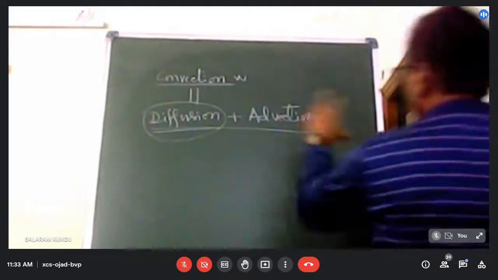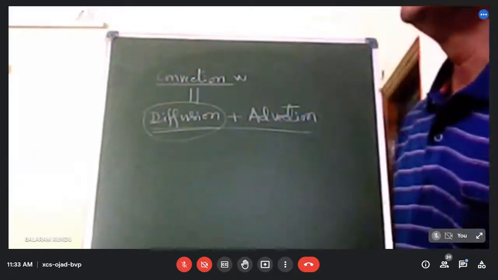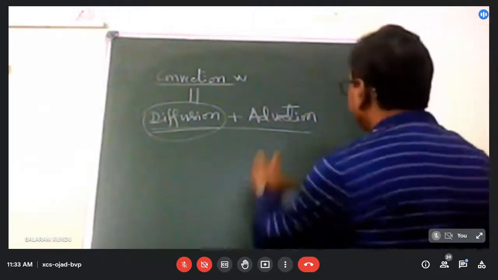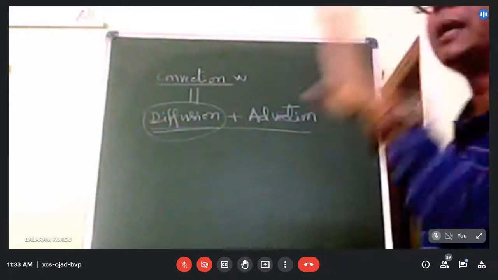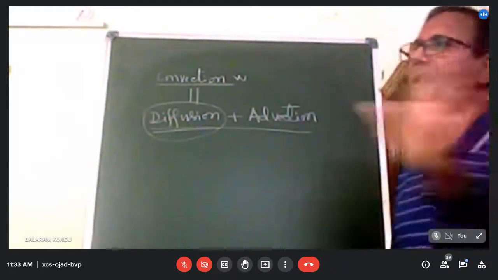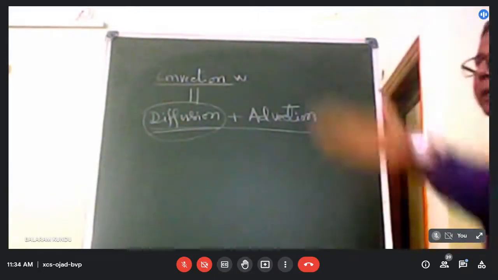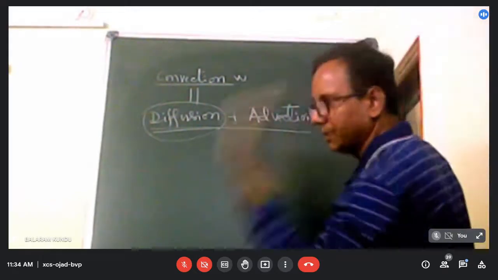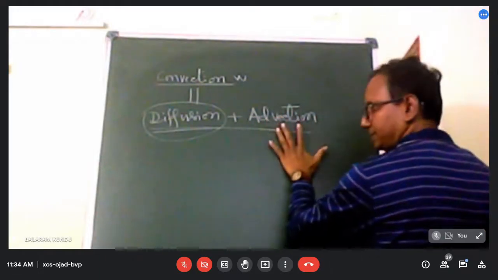And in the advection part, fluid particles are there, fluid motions are there. So energy will be carried by the fluid particles, and due to the bulk motion of the fluid particles, energy will be carried by the fluid particles. This phenomenon of heat transfer is called advection.